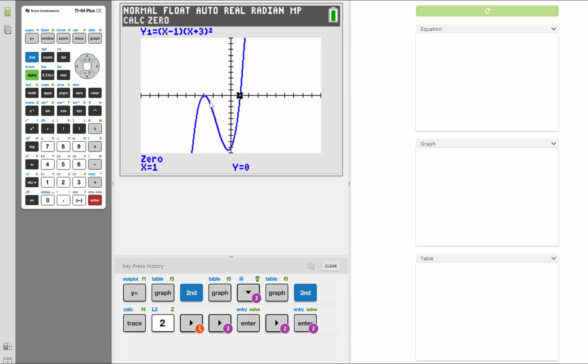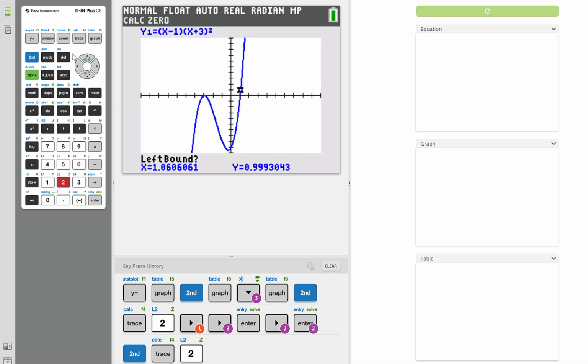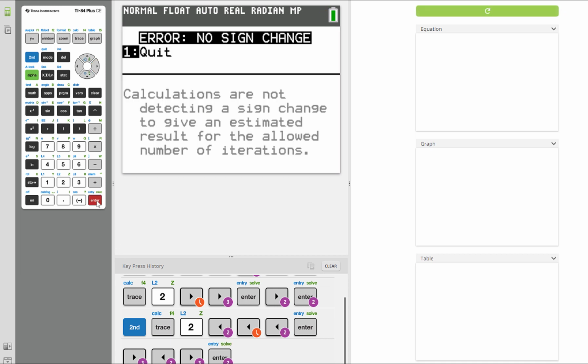So there you go. Now there seems to be a problem when I tried to calculate the 0 for the part where the graph bounces off, or the part where the graph of this function is tangent at x equal to -3. I tried doing the exact same thing to calculate the 0. I got the left bound, I got the right bound, and for some reason, when I tried to do the guess, it said error, no sign change.